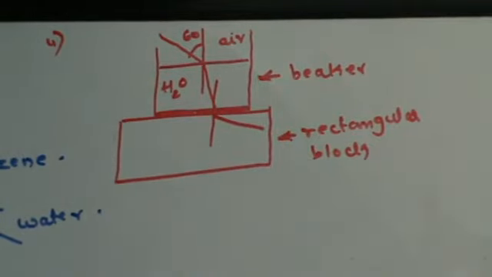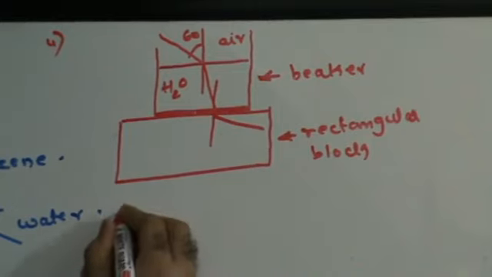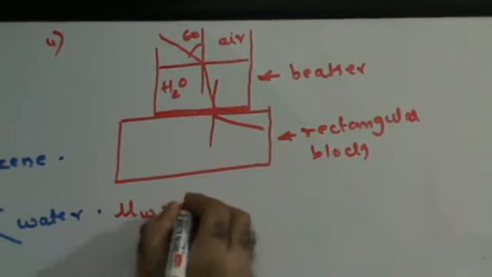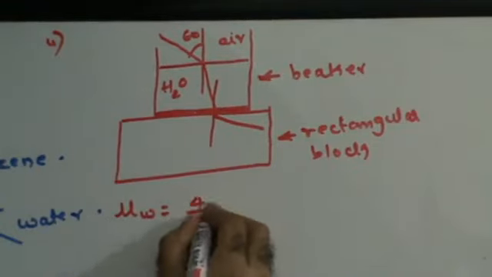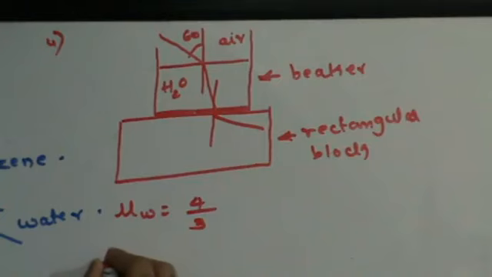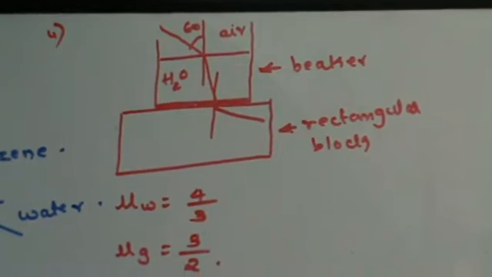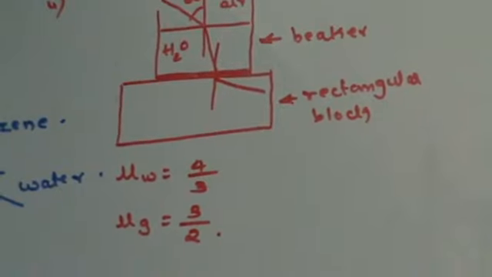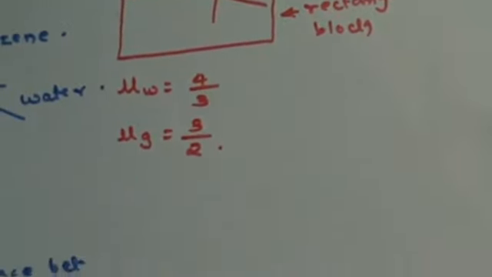Calculate the angle of refraction in glass if the refractive index of water is 4/3 and the refractive index of glass is 3/2.